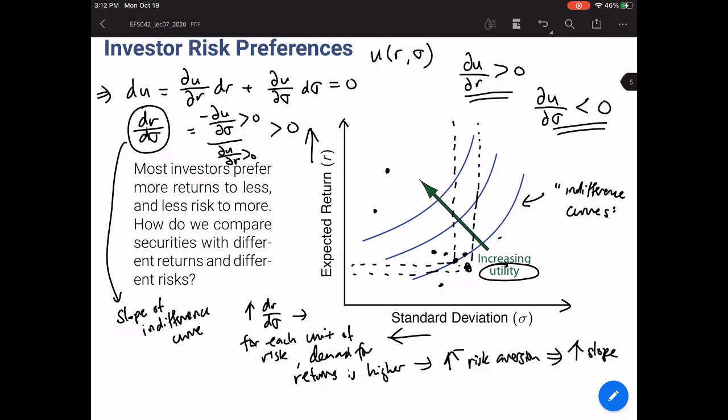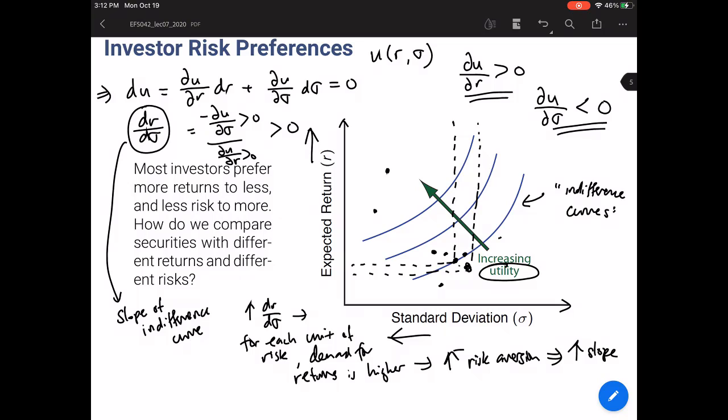Now, if we want to understand risk aversion across different investors, we can capture this relationship by using the total derivative technique and then setting it equal to 0. And then realizing that this trade-off between risk and return is going to be positive.